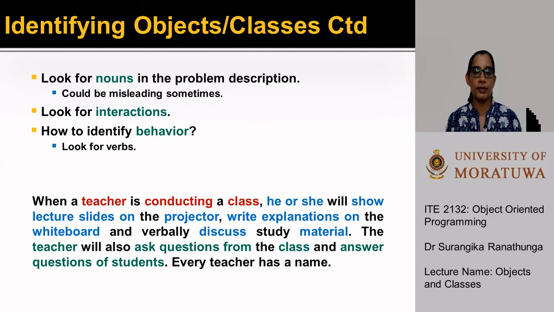Similarly, for verbs, conducting, that means conduct, is a verb, so we can take it as a behavior or a method. Or show: show can be another method that the teacher has. Likewise, we can identify the objects and then the behavior. And of course, the attributes can also be identified.